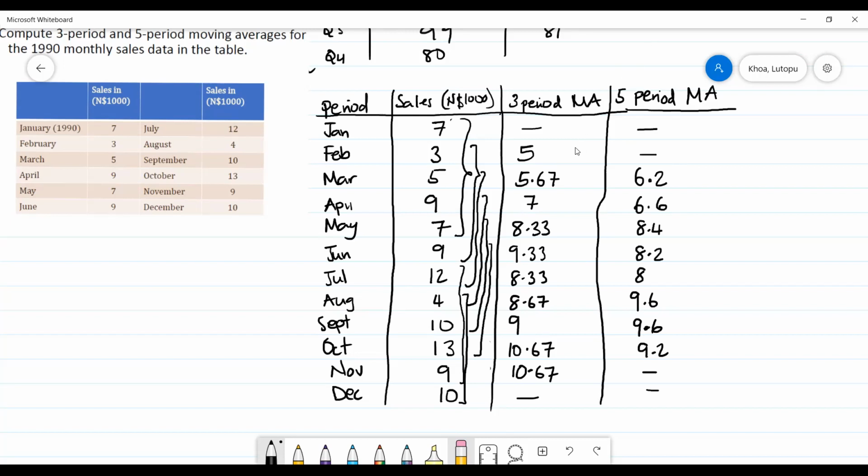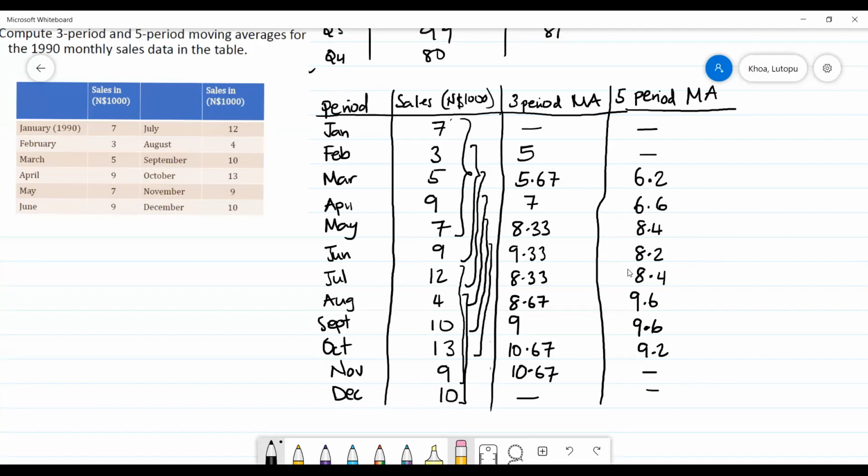So that is how we calculate moving averages. Okay, just a correction. I think this one here is supposed to be 8.4, not 8.